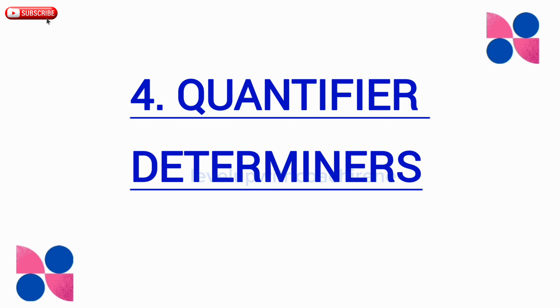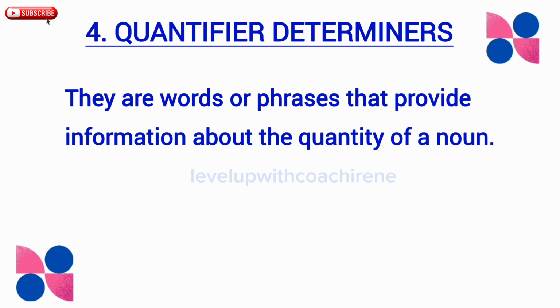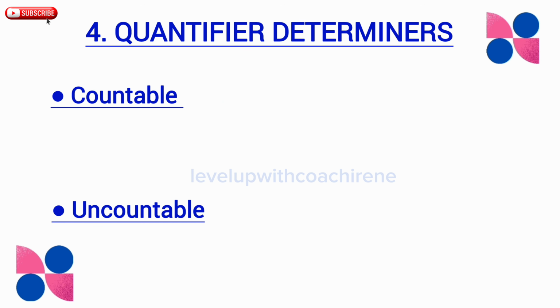Number 4, quantifiers. They are words or phrases that provide information about the quantity of a noun. They help indicate how much or how many of something there is. Quantifiers can be countable or uncountable.